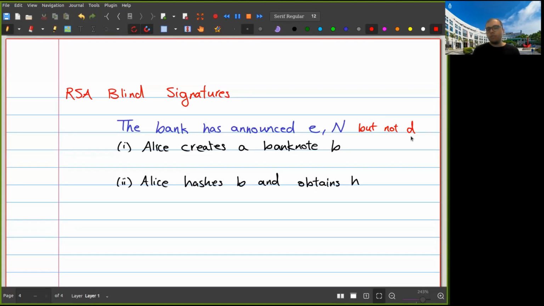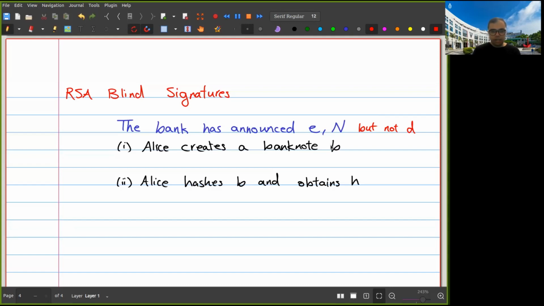D was what we used for decryption and also for signing. So the bank is the only one who can sign, so only the bank knows D. But E and N are the public key. Everyone knows how to verify a signature, and everyone knows the modulus that they have to use.